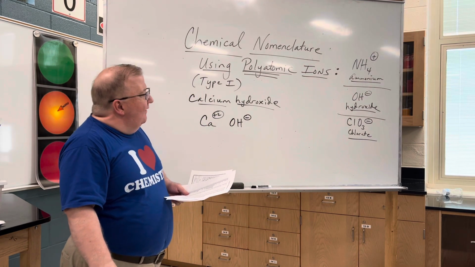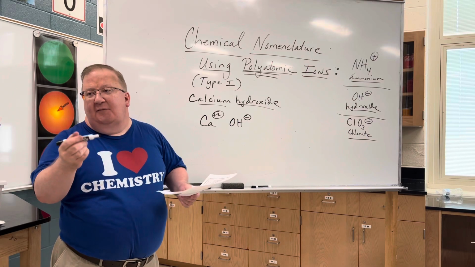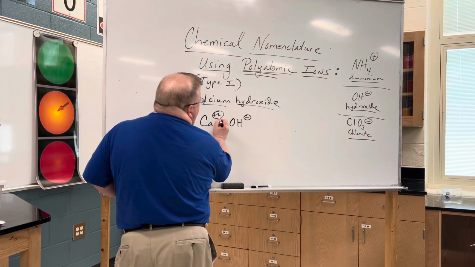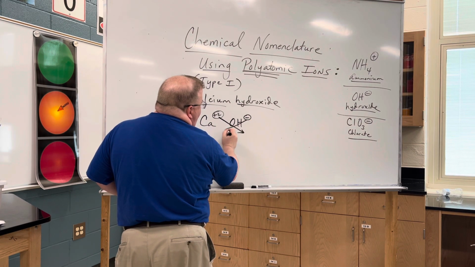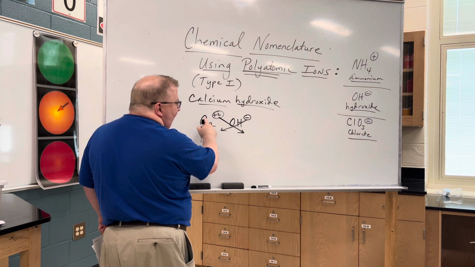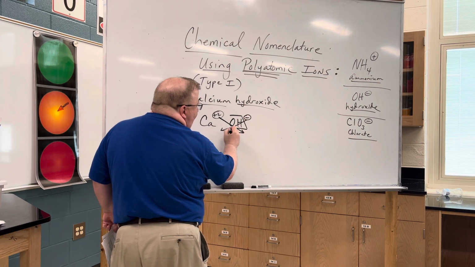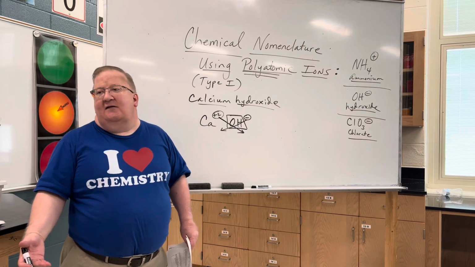All right. Now the last step is to crisscross the charge, and then you simplify if necessary. When you drop these numbers down, that's understood to be a -1, right? I don't have to write a 1 because it's understood. I see that there's 1 calcium, all right? That 2 has to apply to the whole hydroxide ion. And you know this from math class.